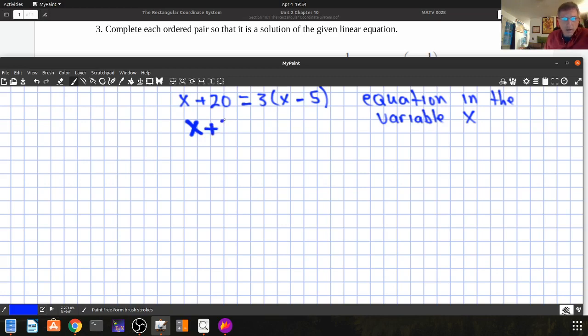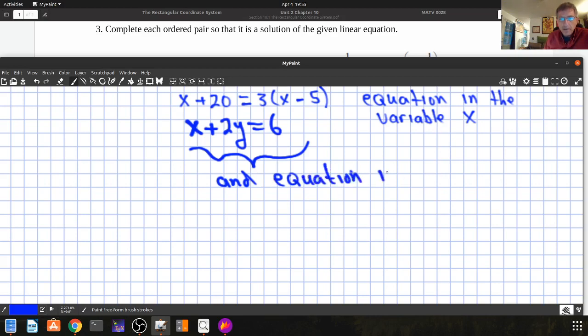Plus 2y is equal to 6. This type of equation is called an equation in the variables x and y.